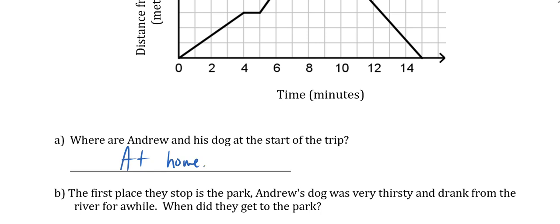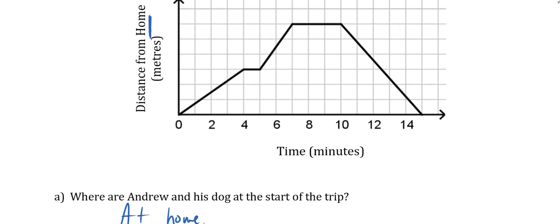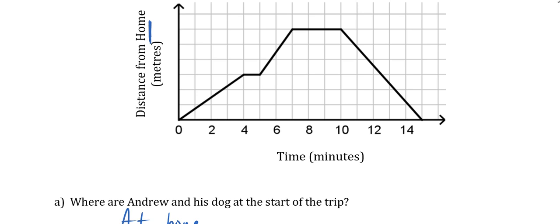The first place they stop is the park. Andrew's dog was very thirsty and drank from the river for a while. When did they get to the park? Looking at the graph, how could you tell the first place they stopped was at the park? Who's going to answer this one?